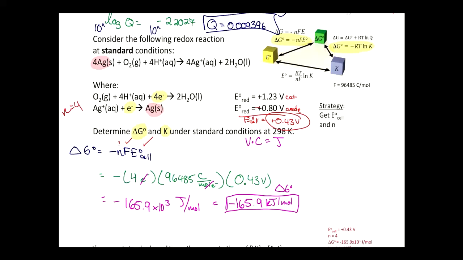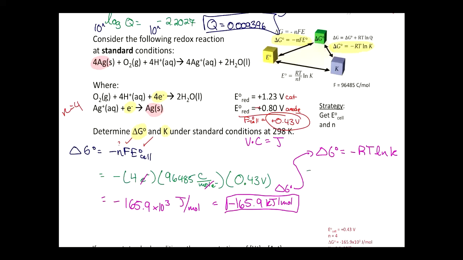Now let's just get K, but that's straightforward enough. We've done this already: if we know what delta G is, it's equal to negative RT natural log of K. In this case, we're plugging in those numbers.